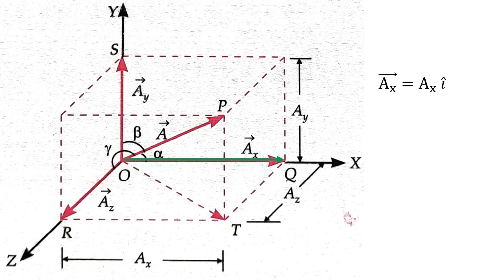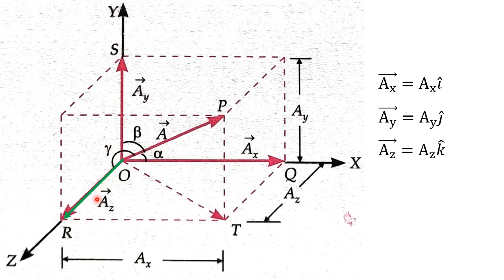It is shown by this green vector. Can you see this green arrow? I can write this as AX i cap. Similarly, my AY vector I can write as AY j cap, and my AZ vector I can write as AZ k cap.